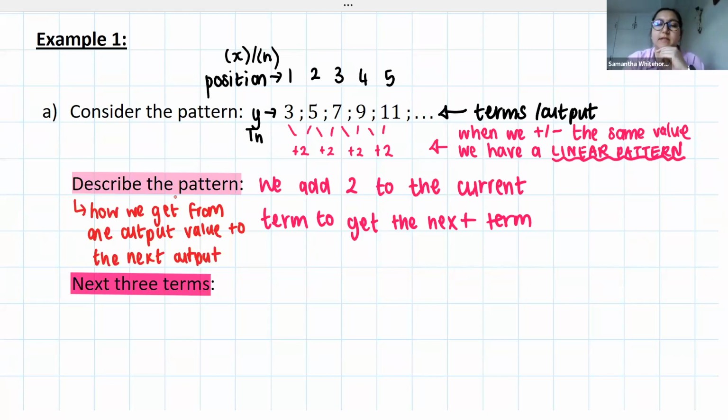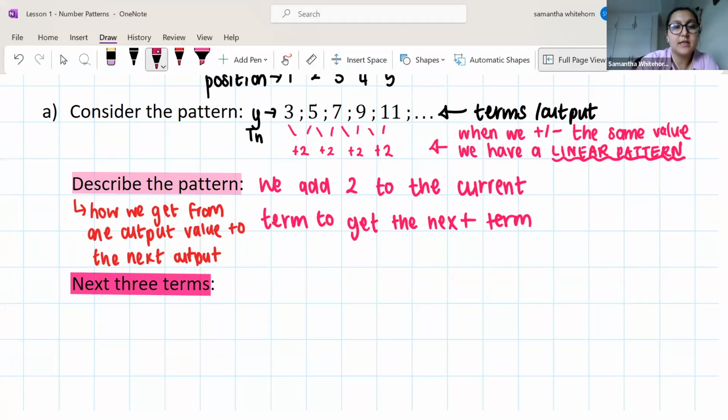All right. Now, the reason it's important to differentiate that is because we're going to chat about rules just now, and those are different. So we've got a description, and as a lot of you have then correctly given me there in the chat, our next 3 terms, we just keep adding 2.